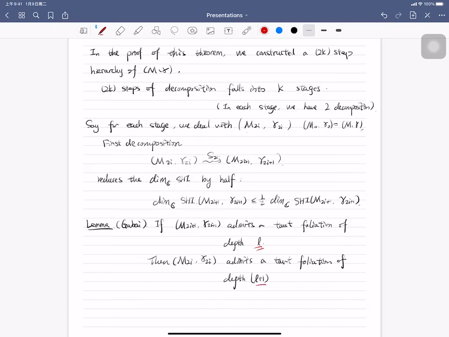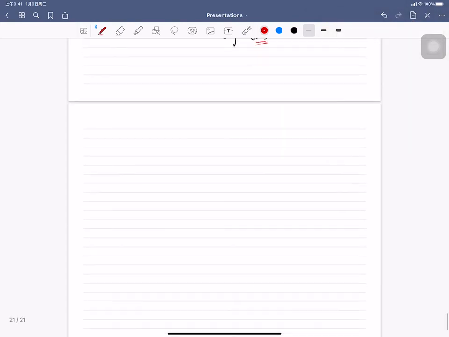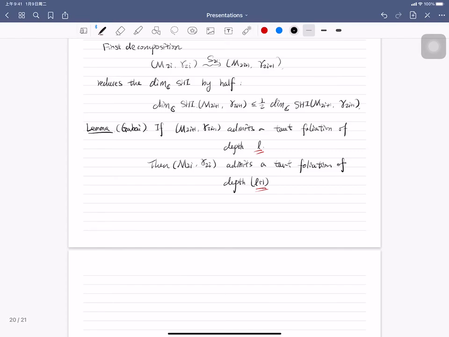So in each stage we have two decompositions, but the first decomposition of the two only increases the depth by 1. So the second decomposition is tricky.